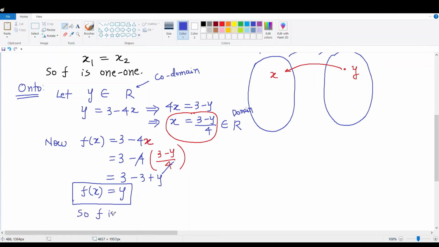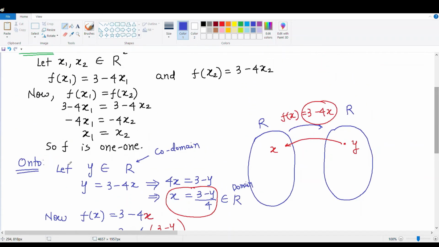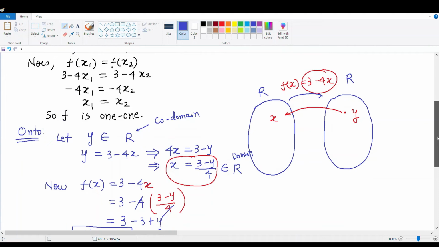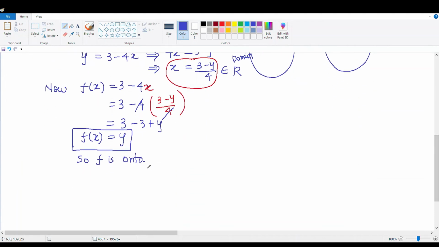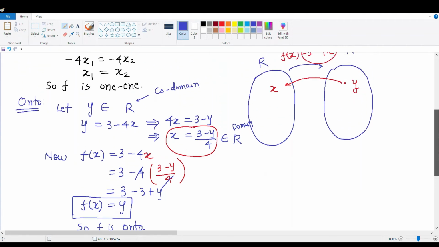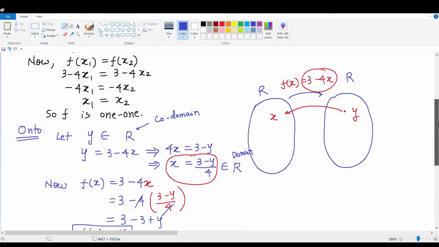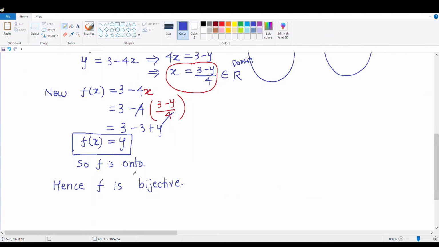So f is onto. And our function was 1-1 as well, and it is onto as well. So you can just conclude, hence f is bijective, because a function is bijective only when that function is 1-1 and when that function is onto.